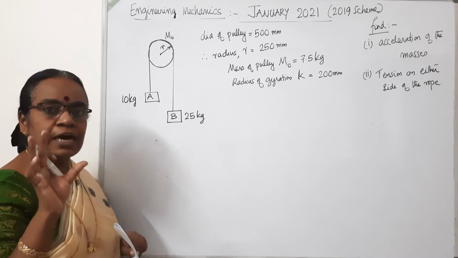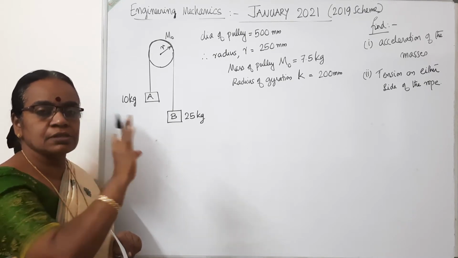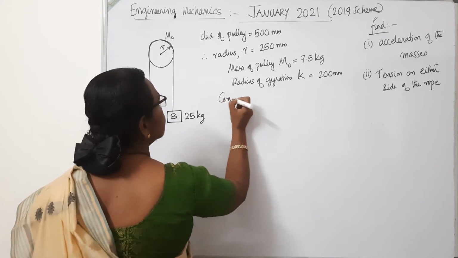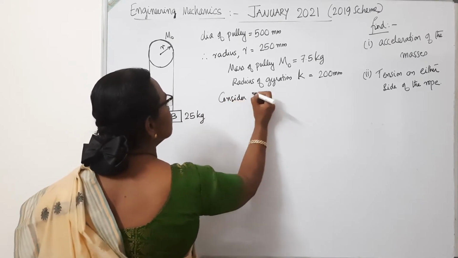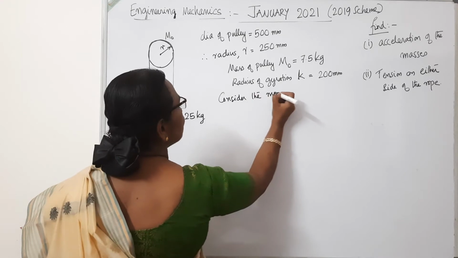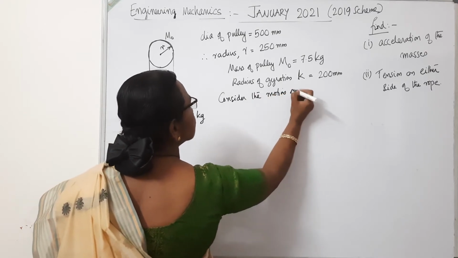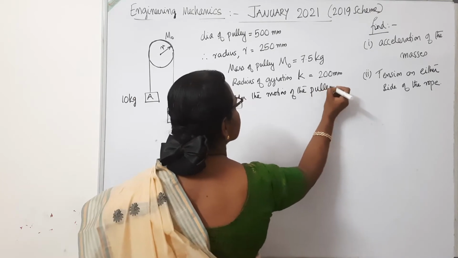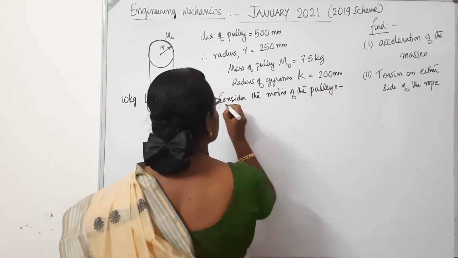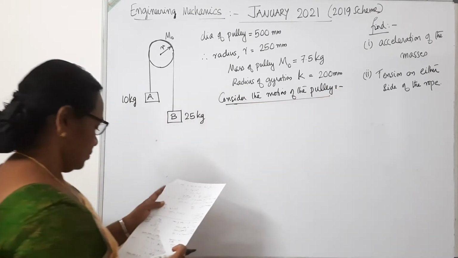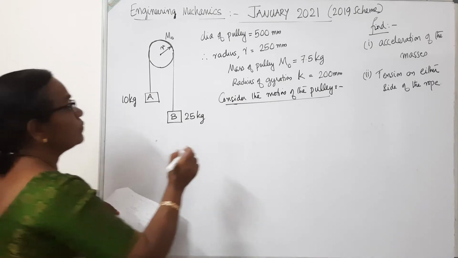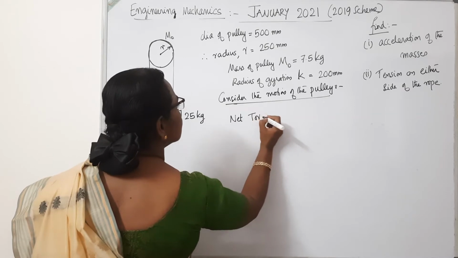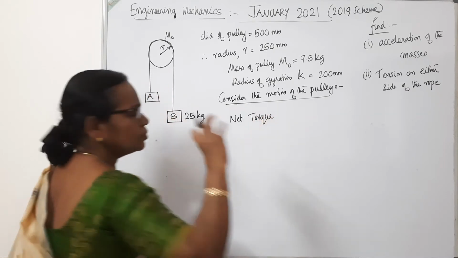Now let us analyze each system separately. Let us first consider the motion of the pulley. The net torque is the capacity to rotate.